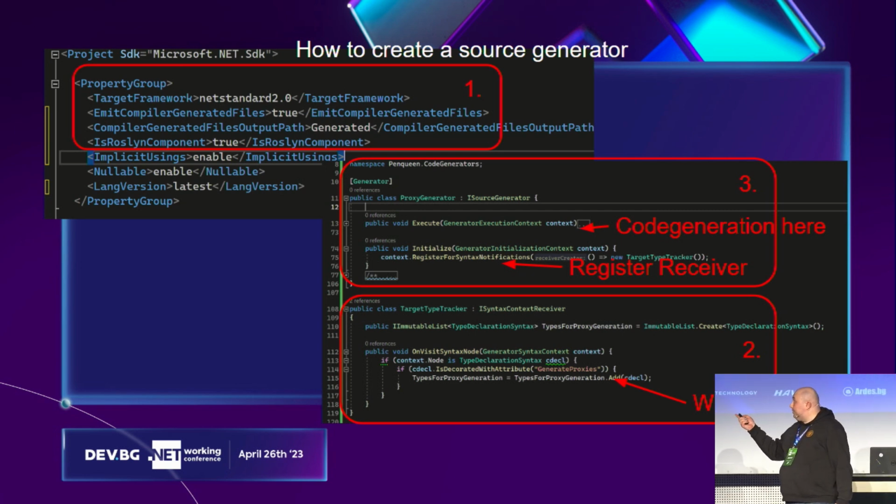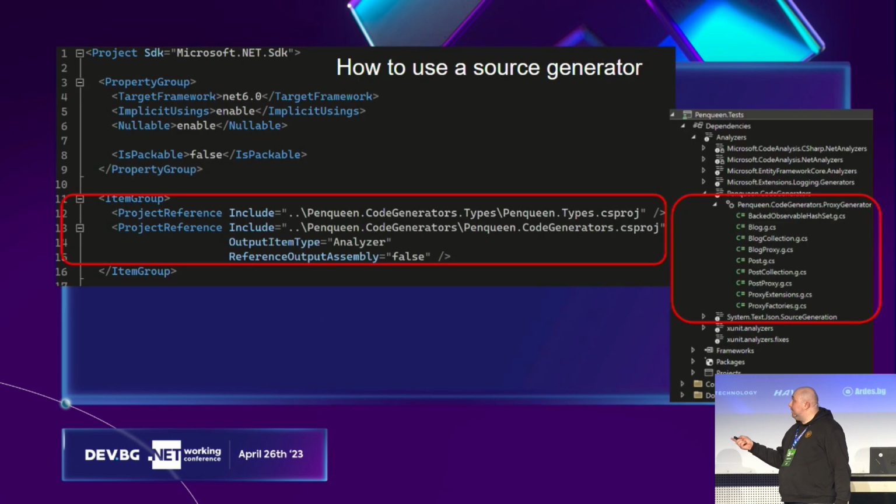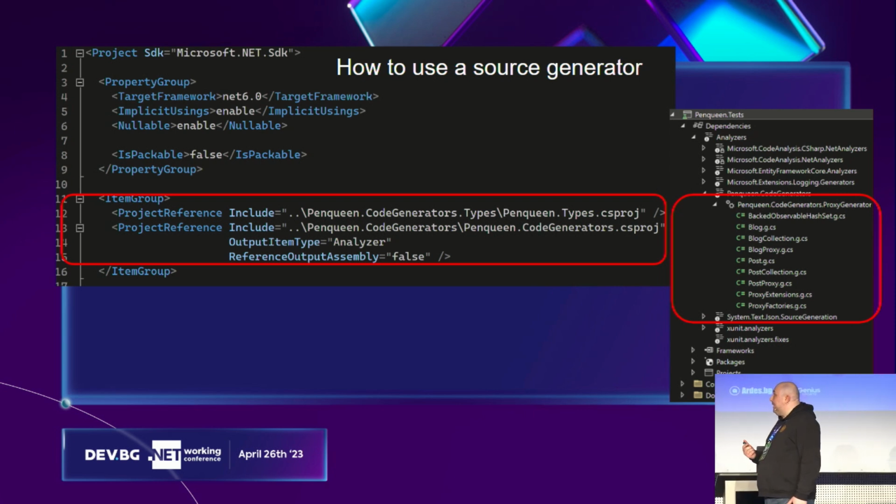And then how to use this? Create your own project, reference the source generator project as analyzer, and then start writing your code. I wrote my source generator in such a way that I added some custom attribute for DB context.